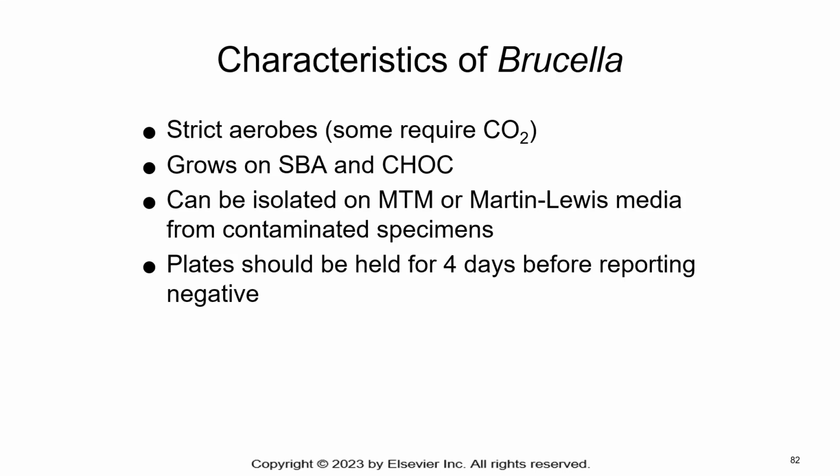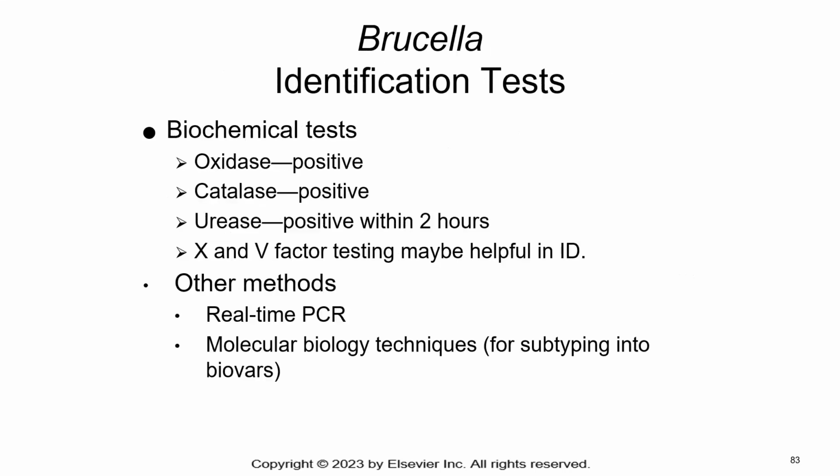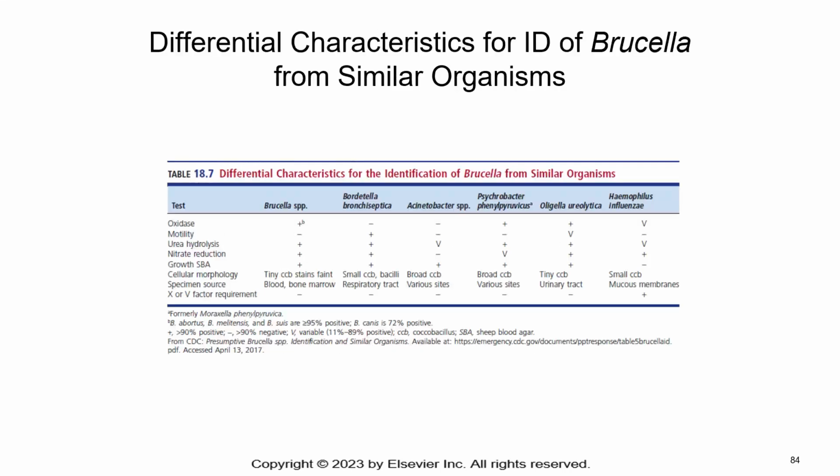Plates should be held for 4 days before reporting negative. There are some biochemicals, and other methods include molecular techniques. And here are different types of organisms and how you would differentiate them from Brucella.